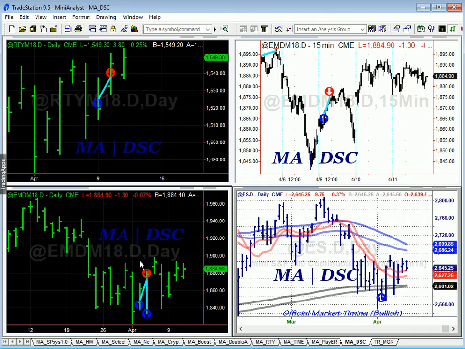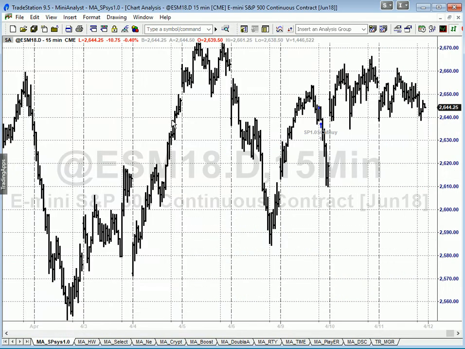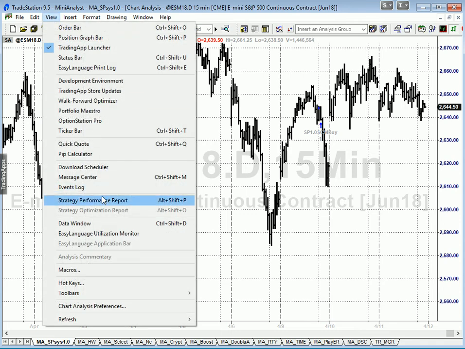Some of the portfolios that we're going to be offering are the Marty, the Doubler, Boost, Crypt, MANE, MA Select, the HW, and the Venerable from 2001, 2002 system, still S&P system 1.0, still doing amazingly well.